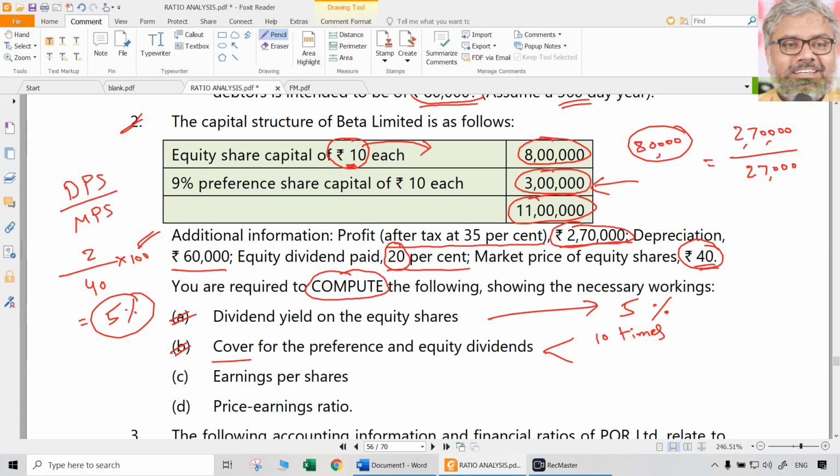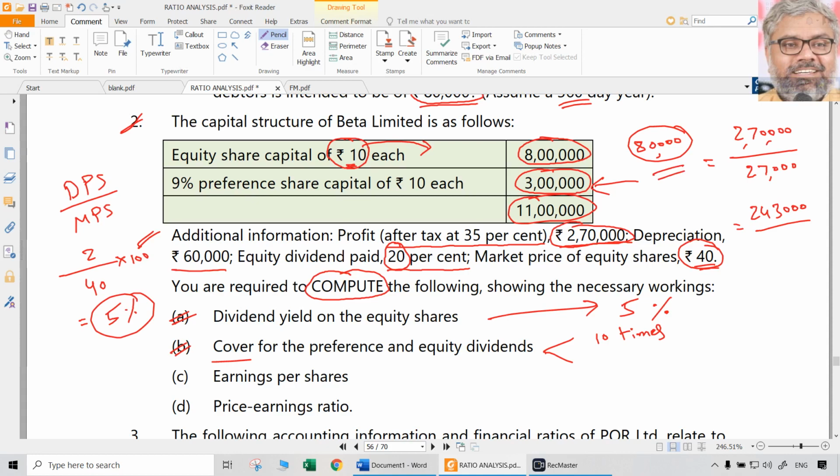Equity dividend coverage ratio also can be calculated, but what is the profit available to equity shareholders? That is the profit after paying the preference dividend also. 2,70,000 profit after tax, minus 27,000. Profit available to equity shareholders will be only 2,43,000. But how much was the equity dividend per share? That we know, 2 rupees. Like that 80,000 shares are there.